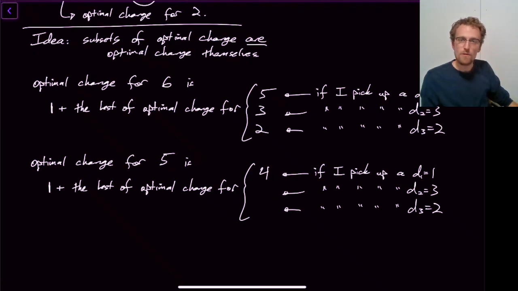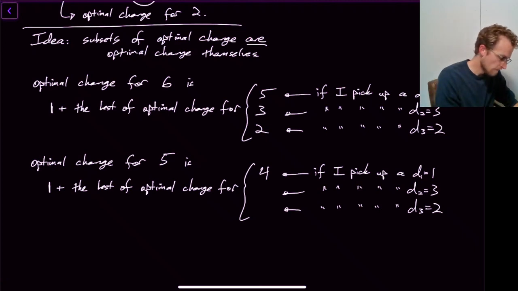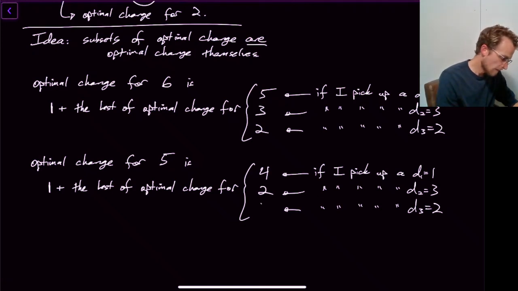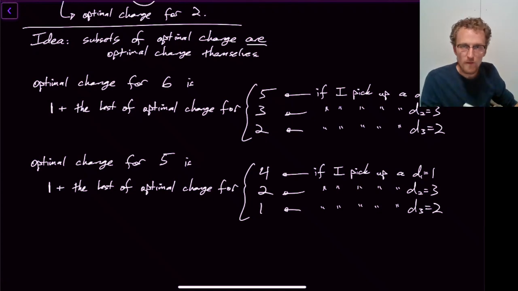Or I could have a 3 in my optimal change for 5, in which case it is related to my optimal change for 2. Or I could have a 4 in my optimal change for 5, in which case it's related to the optimal change for 1.